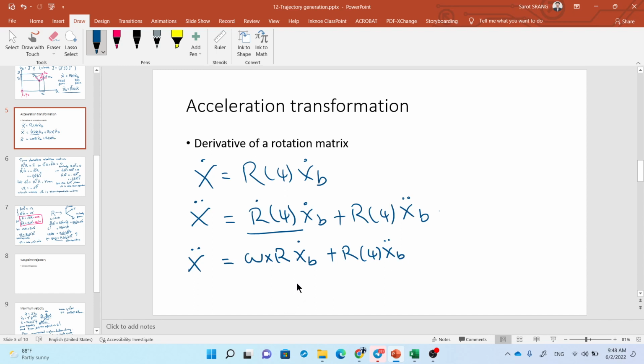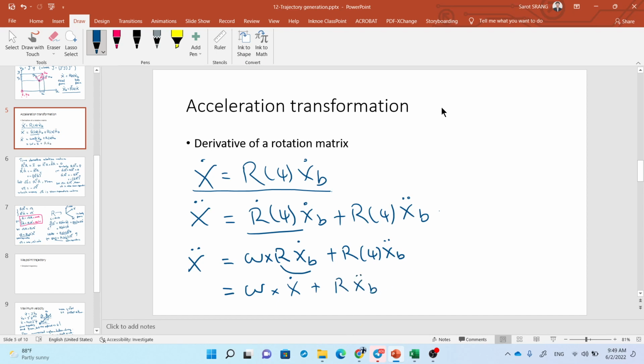And if you like, you may write this one as h dot right here. So this one is just omega cross h dot plus R h double dot b.